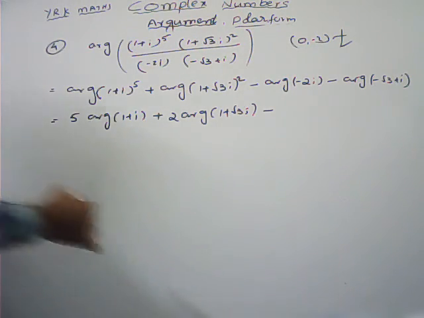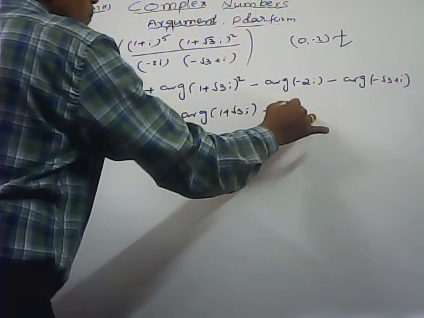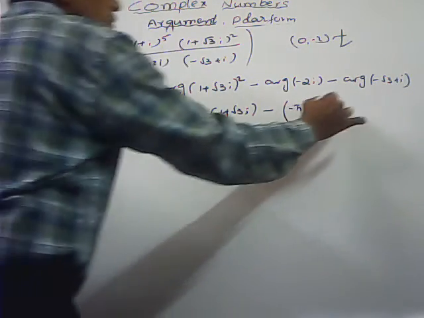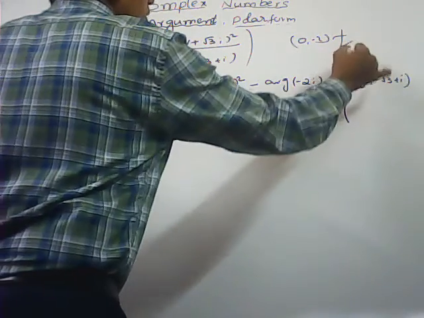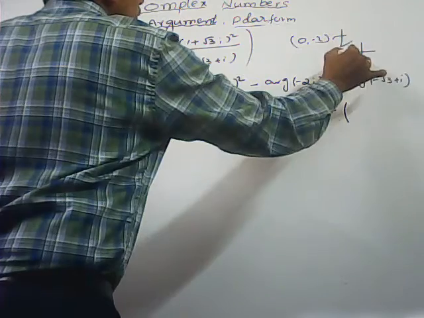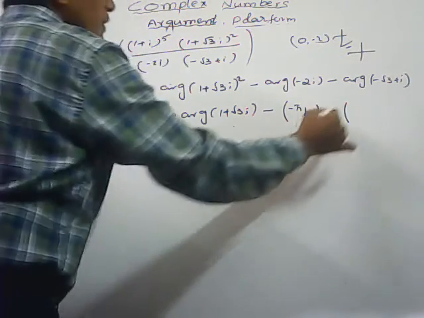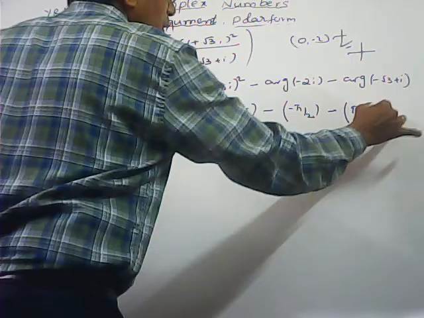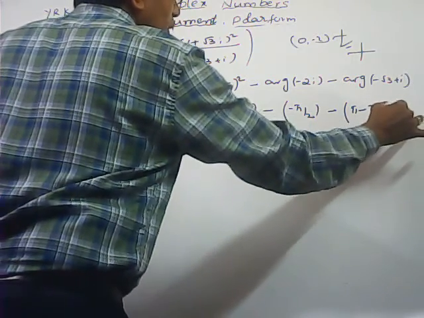In the negative direction of the y-axis, what about the argument? Minus pi by 2. Minus, here minus comma plus, that belongs to the second quadrant. In the second quadrant, pi minus alpha, what is alpha here? Tan inverse modulus of y by x.